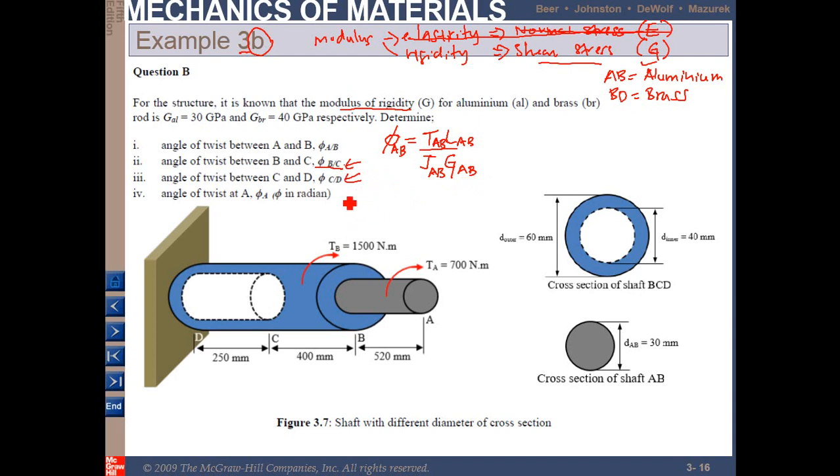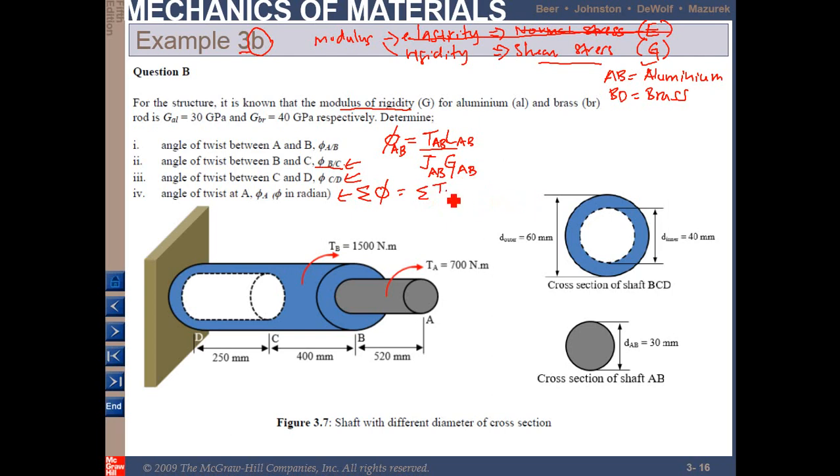Okay, and for the total angle of twist at A, you have to use the summation of angles of twist. So it will be TAB LAB over JAB GAB plus TBC LBC over JBC GBC, and so on.